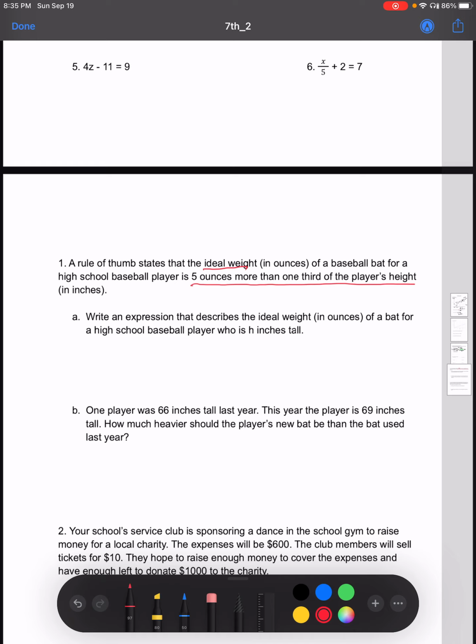We also define that the player we're trying to find the ideal weight for is 8 inches tall. So taking all this information, if a player is 8 inches tall, the ideal weight would be 5 ounces more than 1/3 of the player's height. So our expression would be this equation: 1/3 of the player's height and 5 more ounces.